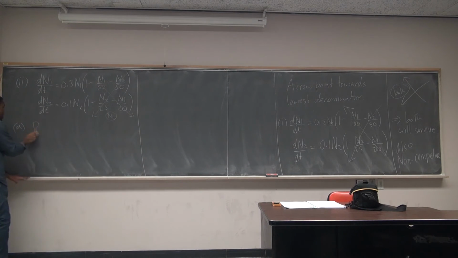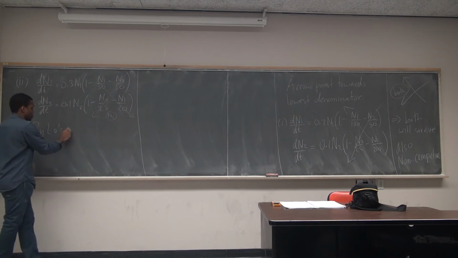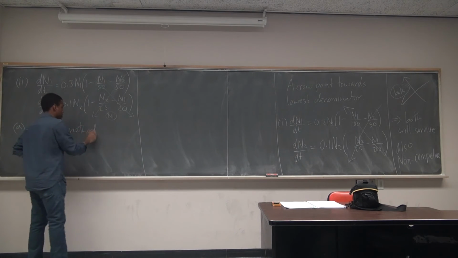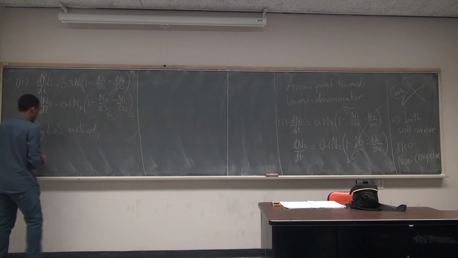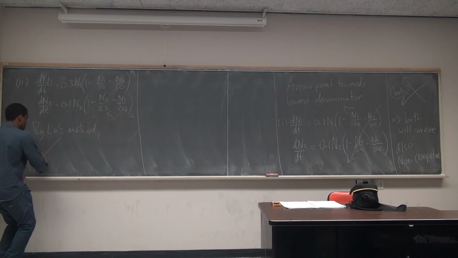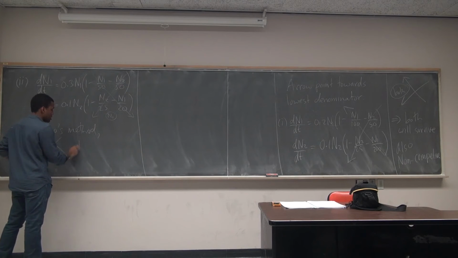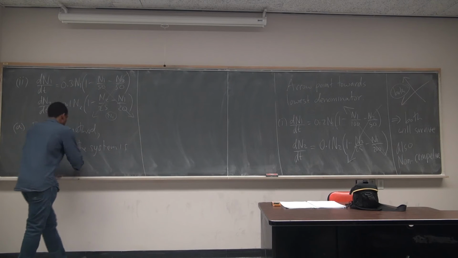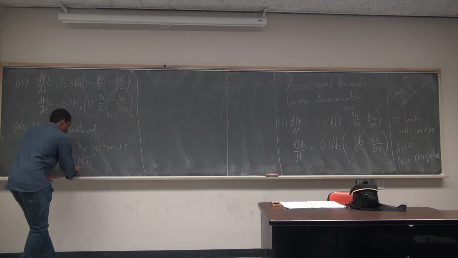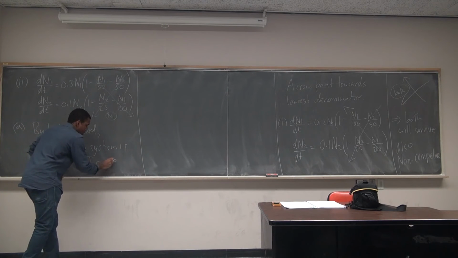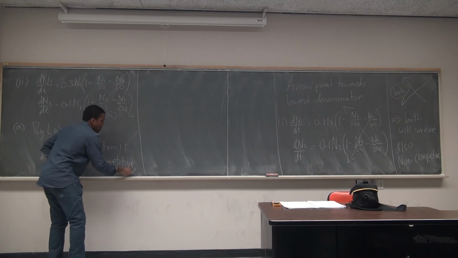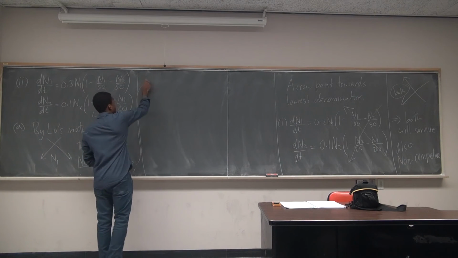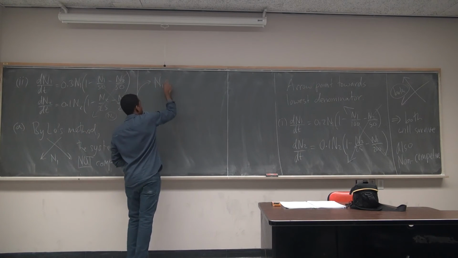So you say by Lowe's method, we have boom, boom, boom. So the system is not competitive. And furthermore, I can even predict who's going to win. N1 survives.